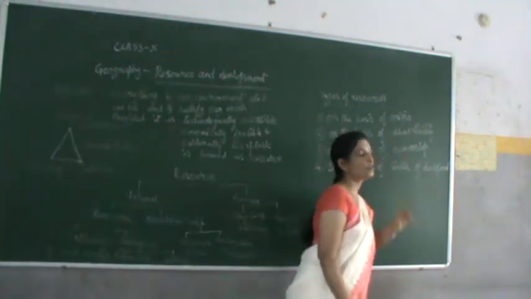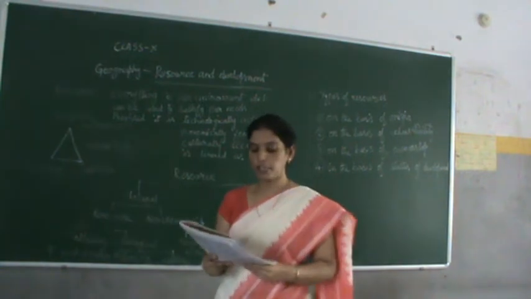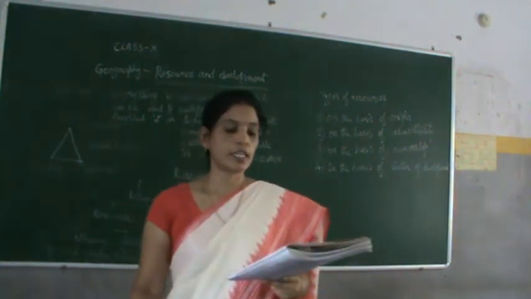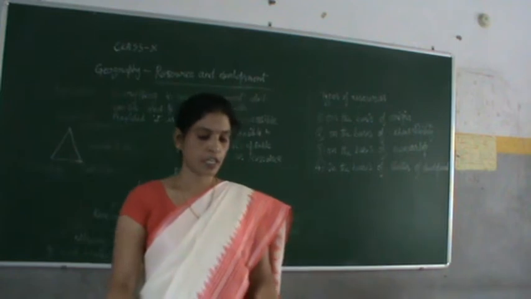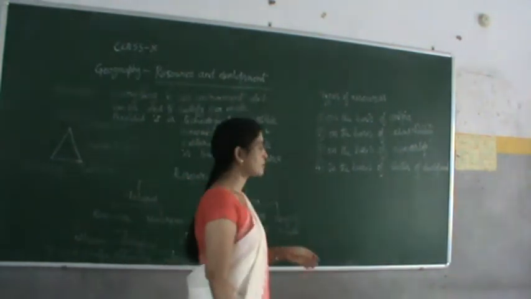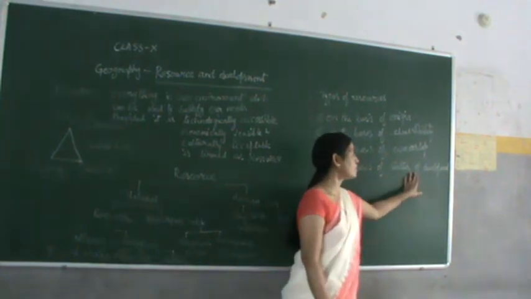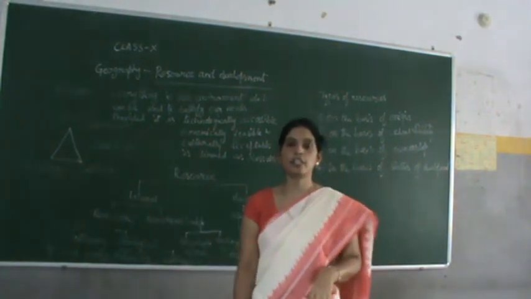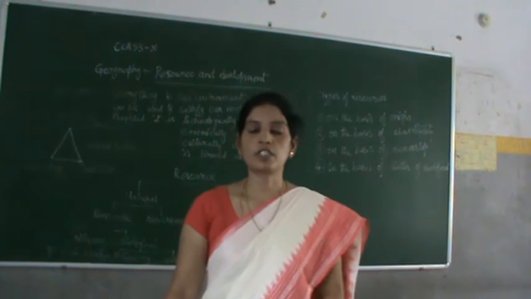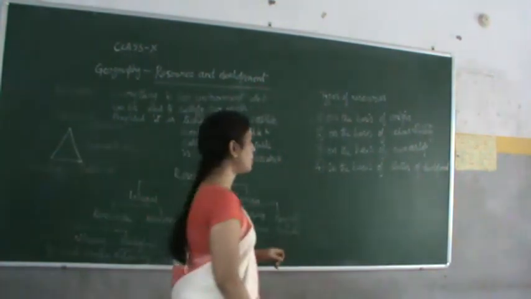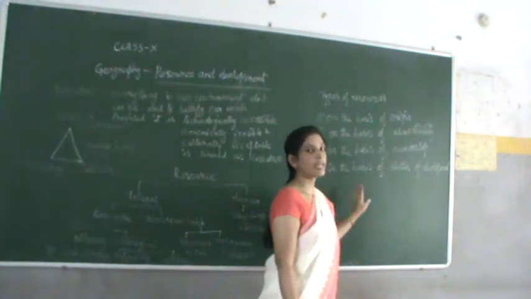On the basis of ownership, they are classified into four types, that is individual resources, community resources, national resources and international resources. On the basis of status of development, again they are classified into four types. Those are potential resources, developed resources, stocks and reserves.